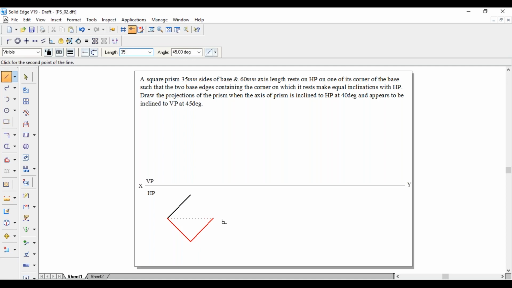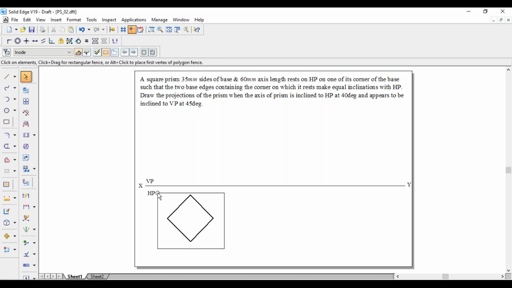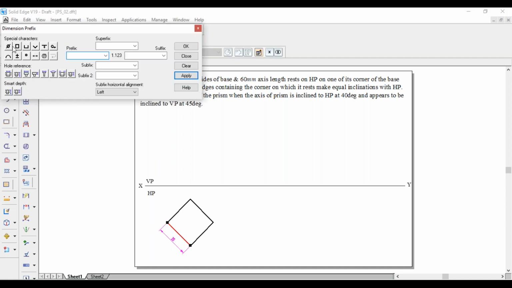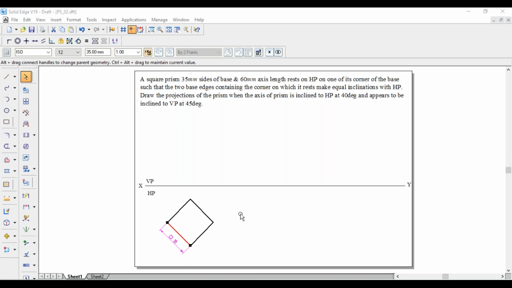So for this line, it is perpendicular, nothing but 45 degree only, and join this one. As it is a square, we have to show the square symbol. With thin line, join the diagonals to get the center.